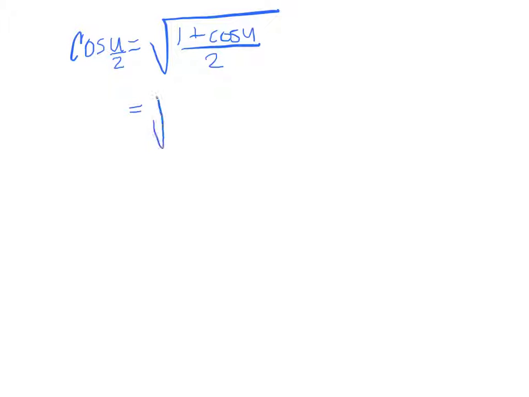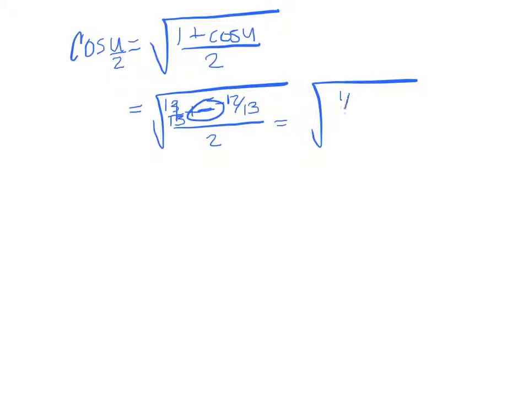So we go 1 plus the cosine, which, if I remember right, was negative 12 over 13, over 2. So this will be a minus, and then this will be 13 over 13. So we get the square root of 1 over 13 over 2 over 1. A fraction over a fraction, right? Multiply by the reciprocal, 1/2.